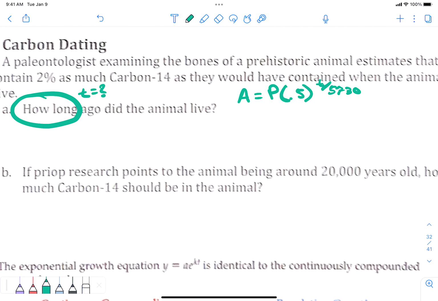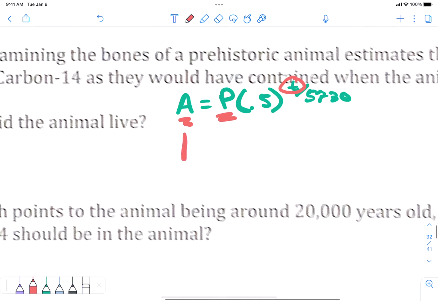And we're solving for time, which means we have to know what P and A are. And they don't really specifically tell us what P and A are, but they tell me that what's left over is 2%. So where does the 2% go? A, that's after, right? So we can use the A to represent a percentage, but what would my first percentage be? 100, right?